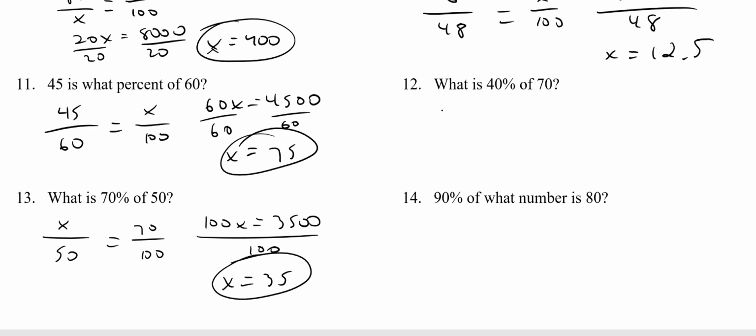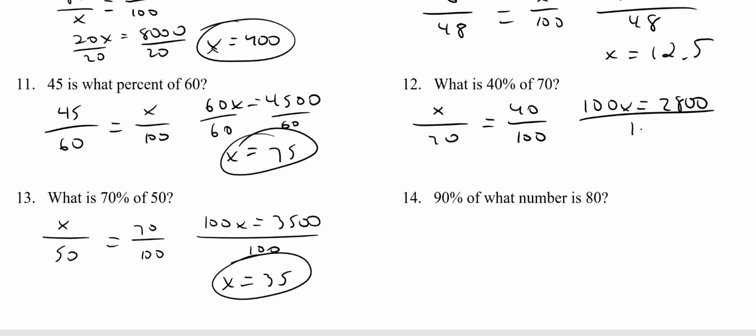What is 40%? That's your question. So put 40 over 100 of 70. Cross multiply, so 100x equals 2800 divided by 100. So x is 28. And the last one, 90%. There's 90 over 100.